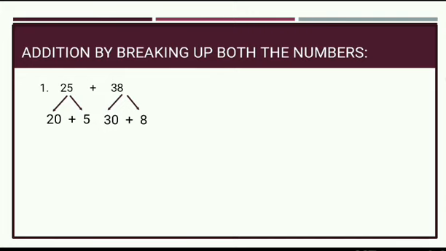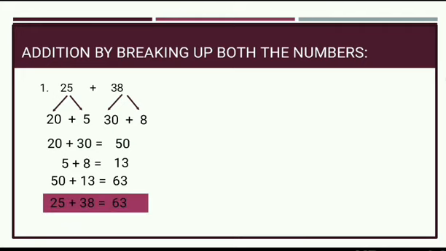So first I am going to add 20 and 30 and get my answer as 50, and then I am going to add the ones, 5 plus 8. Then I got 13. Now I am going to add these two answers, the answers which I got after adding tens and after adding ones. So 50 plus 13, I got it as 63.